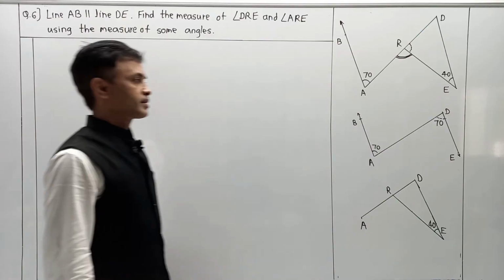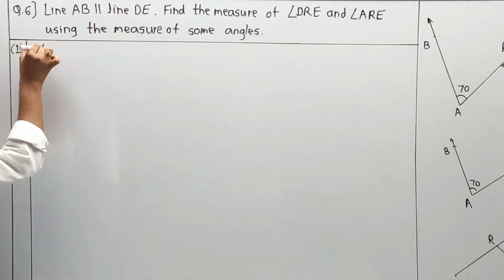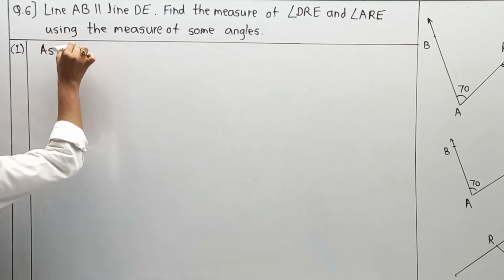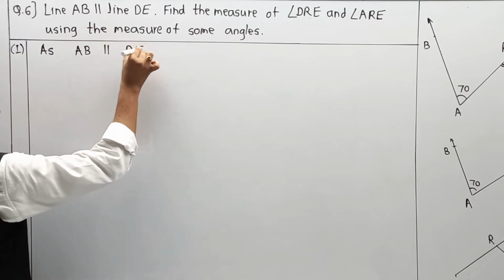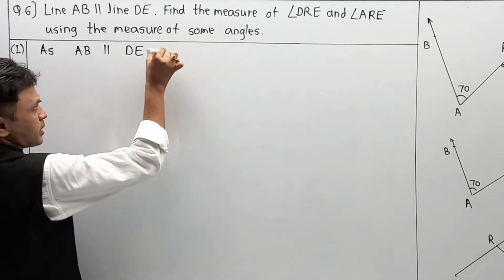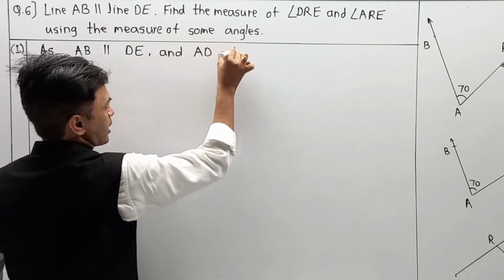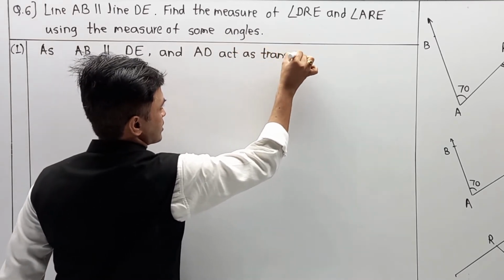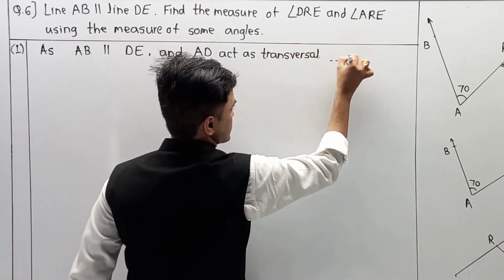First, as AB parallel to DE and AD acts as transversal, logically, we can give the reason as given.